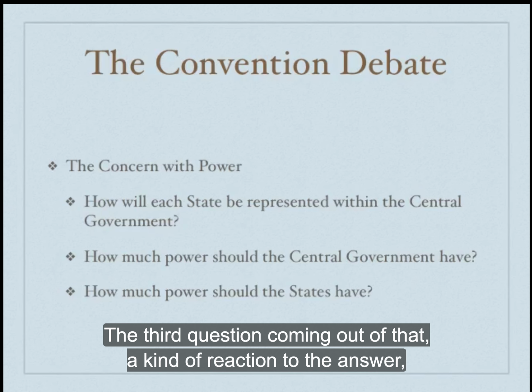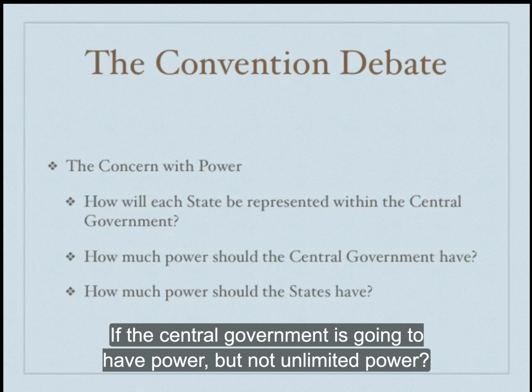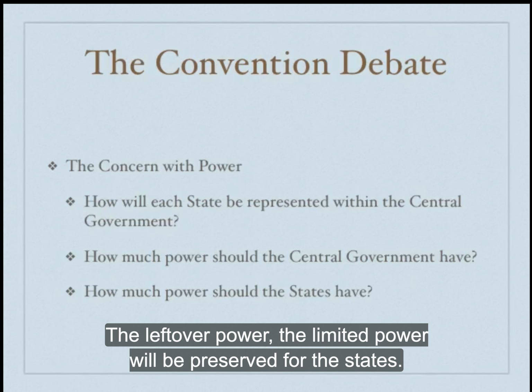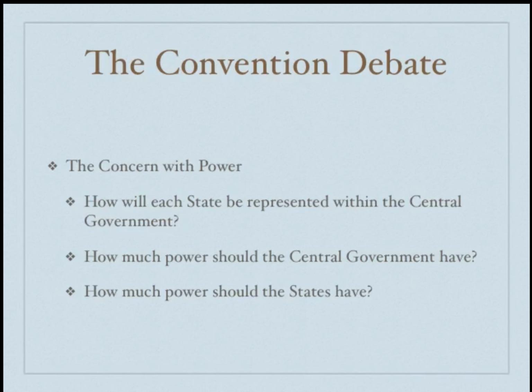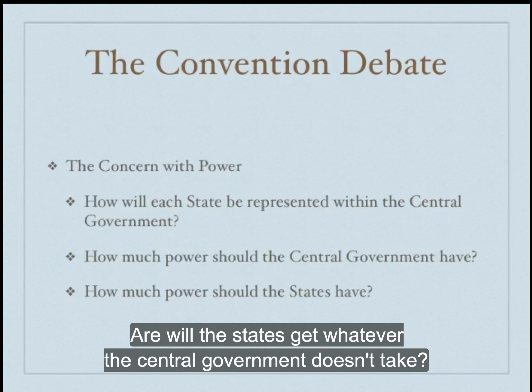The third question, a kind of reaction to that answer perhaps, is how much power should the states have? If the central government is going to have power, but not unlimited power, the leftover power will be preserved for the states. Will it be a 50-50 distribution of power, central and states? Or will the states get whatever the central government doesn't take?